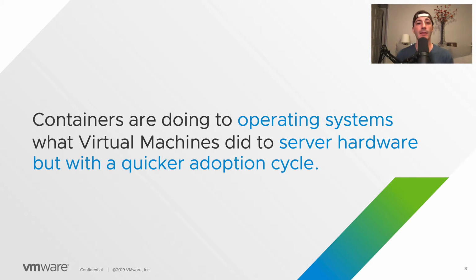We'll talk about what that looks like in the next slide, because what we've seen is this bell curve, or hockey stick approach, to containers. If you remember back when we all started getting into virtualization, for myself it was around the 2006, 2007 timeframe. Back then, trying to figure out how to do this physical to virtual migration was a daunting task. I mean, it really was.